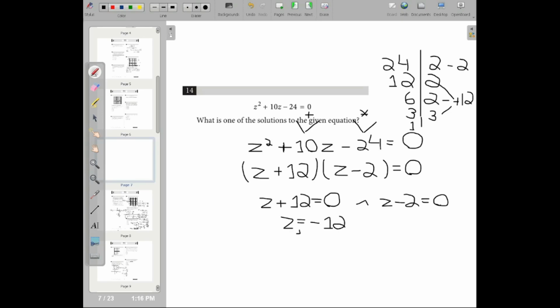That's one solution for C, and the last one, C is going to be equal to 2. So these are our two solutions. We could use any of those.